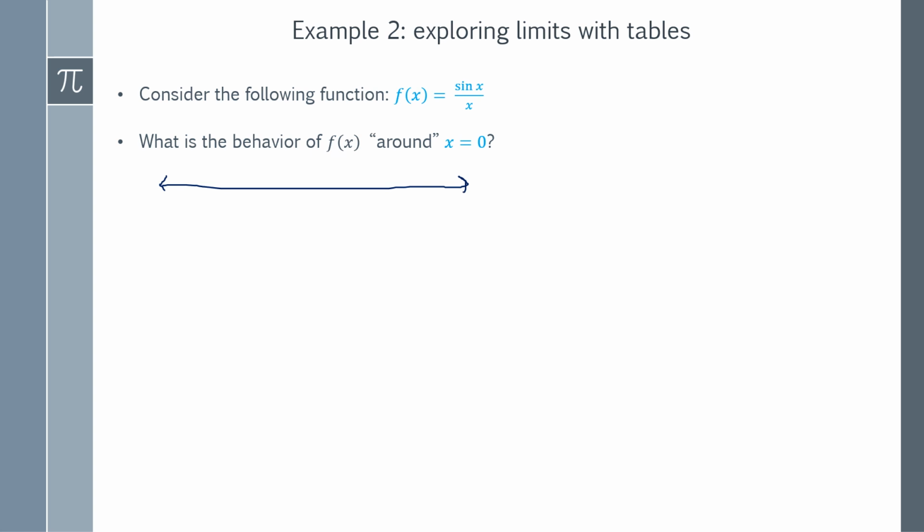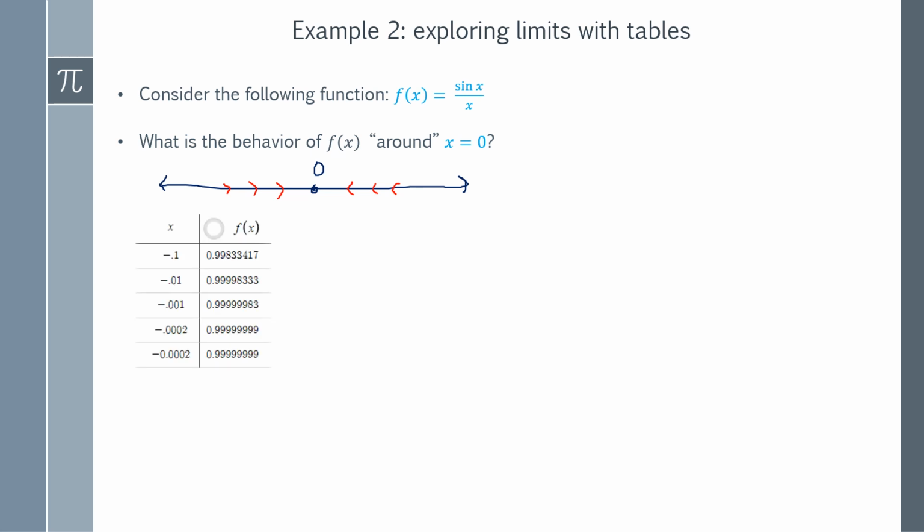Okay, so we have 0 somewhere over here, and we would like to see what happens to our function as we approach 0 from the left side, and then also what happens to f as we approach 0 from the right side. Let's take a look at the first table.